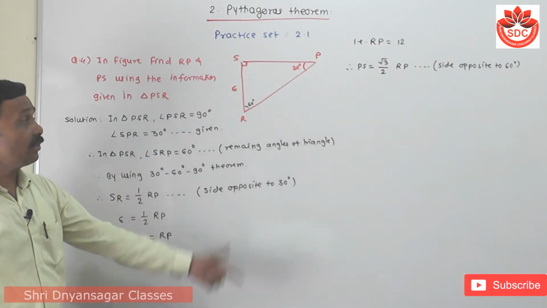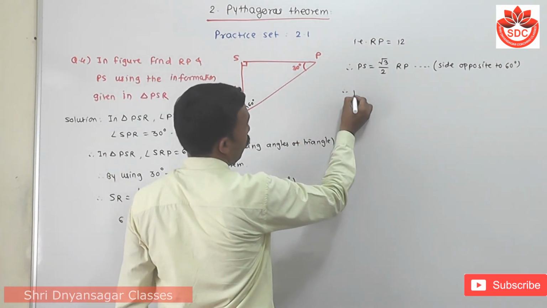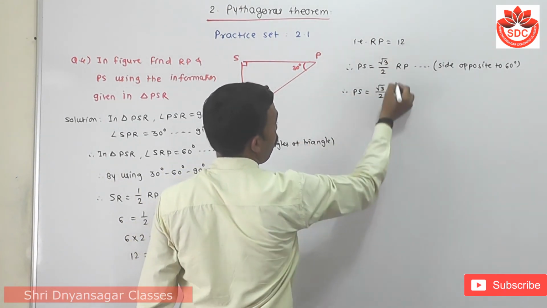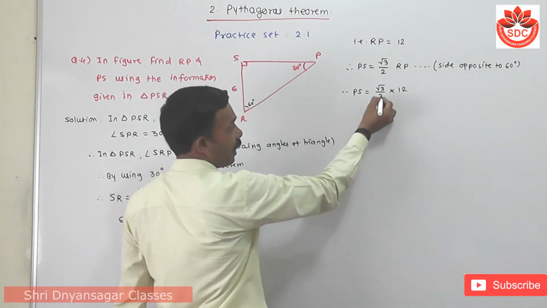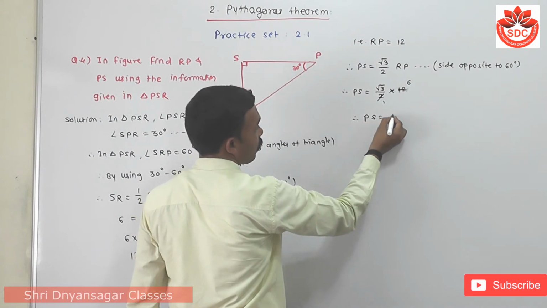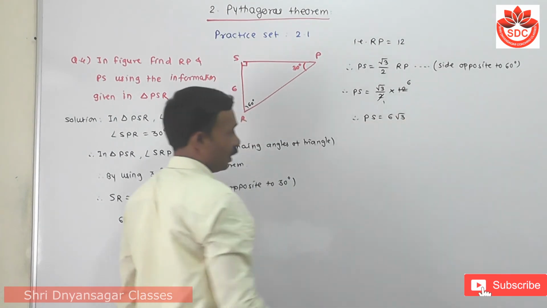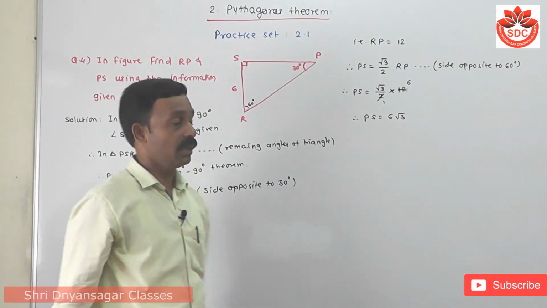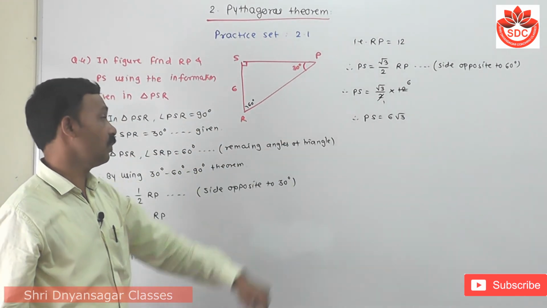Okay, then substitute the values here. Therefore PS is equal to root 3 upon 2 into the value of RP, which is 12. We can simplify by using the 6. Therefore PS is equal to 6 root 3. We cannot multiply this because this is a pure number and this is a surd. The answer is 6 root 3.